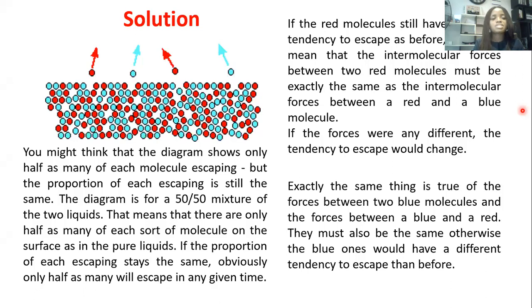So in other words, since they both have the same intermolecular force of attraction, it means that the red force of attraction is the same as the blue force of attraction, and the same as the red-blue force of attraction. And that is why you can mix them together and call them an ideal mixture.